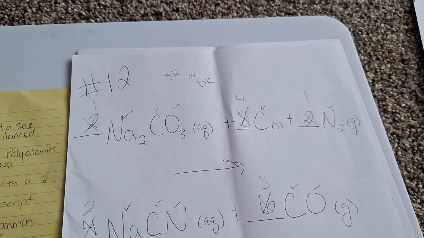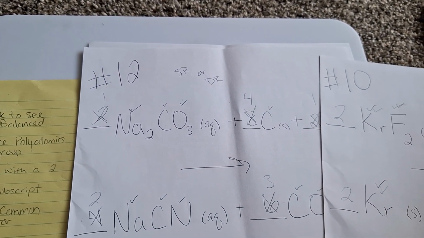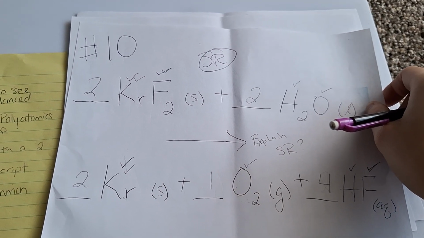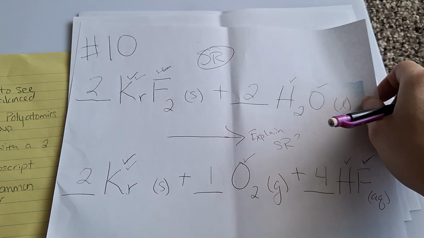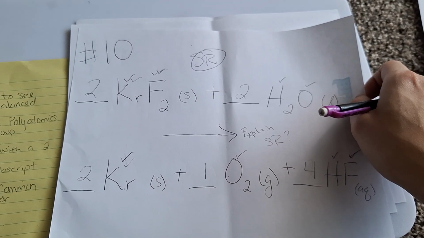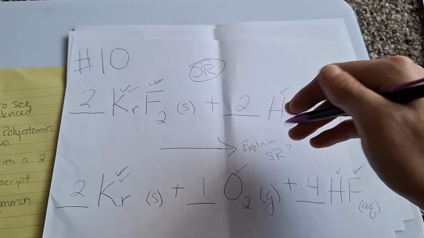Okay. So, after doing a little bit of searching, I'm going to bring back 10. Okay, so I told you that this was single replacement. It's technically still single replacement, but there's something else going on.